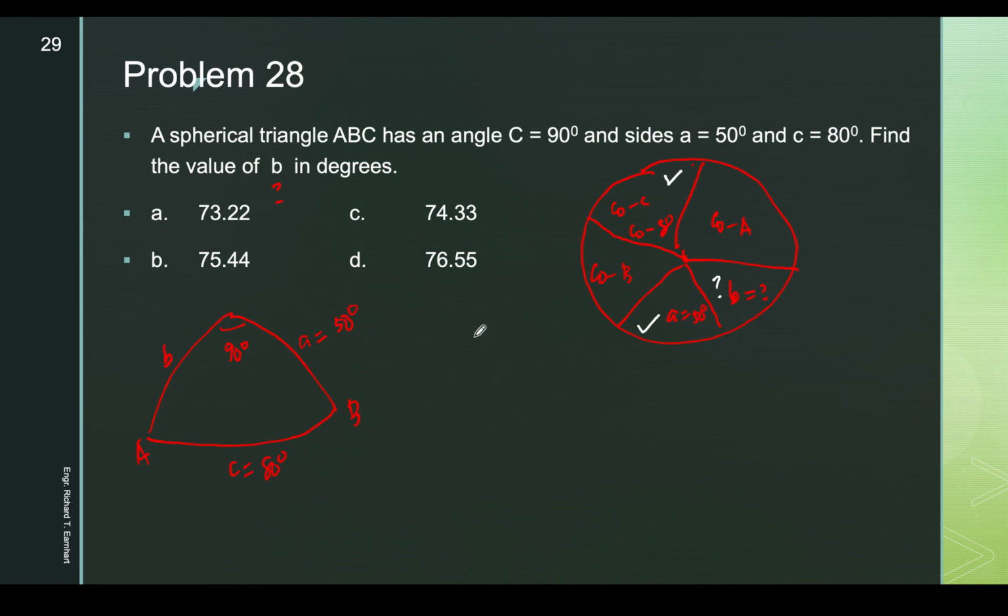Okay, so in the Napier's rule, the sine of the middle part is equal to the product, no, of the opposite parts.